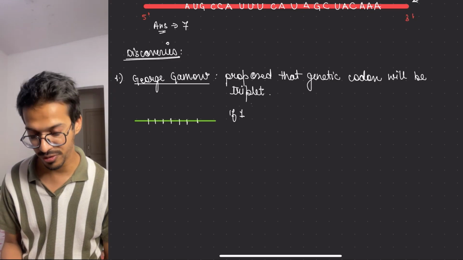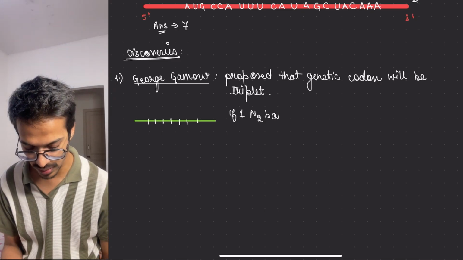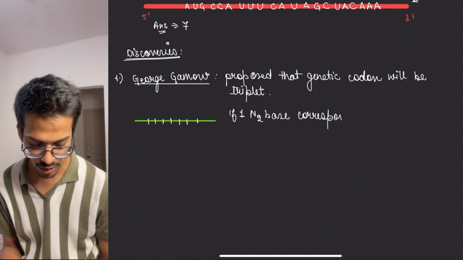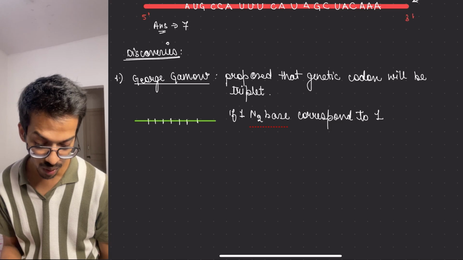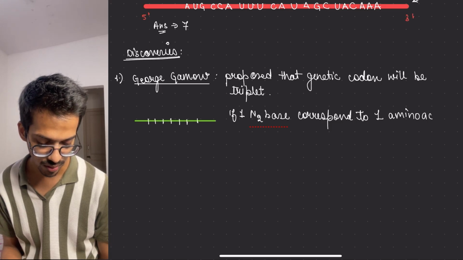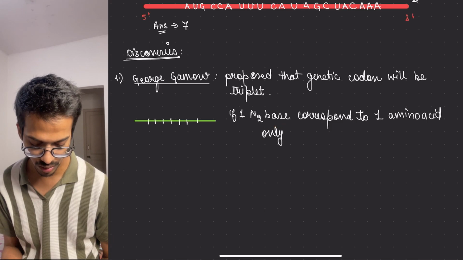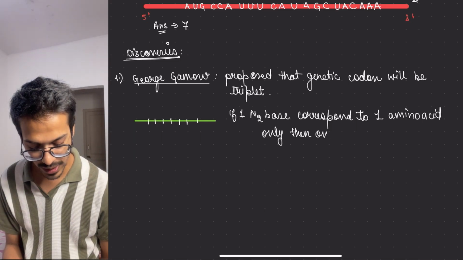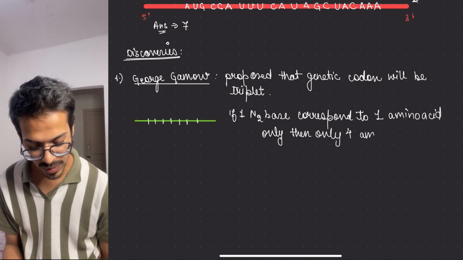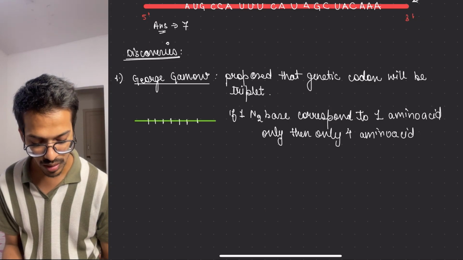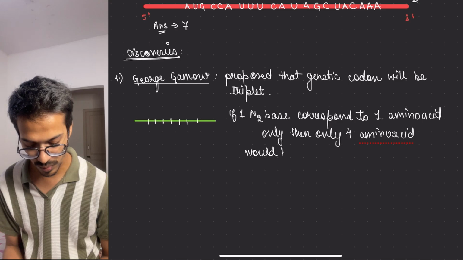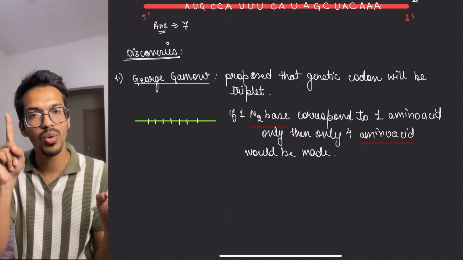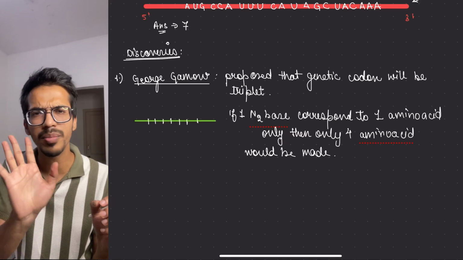We know that if one nitrogenous base corresponds to one amino acid only, meaning one thing is making one codon, then only 4 amino acids would be made. We know that one thing will make only one kind of thing. Remember this fact.